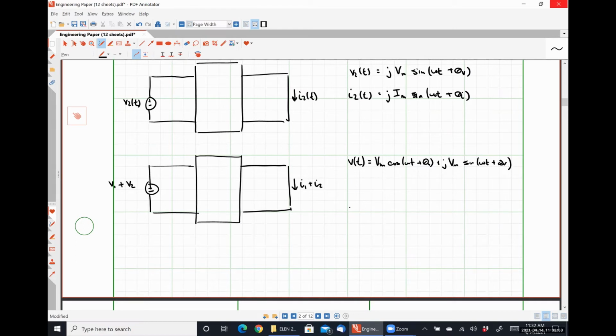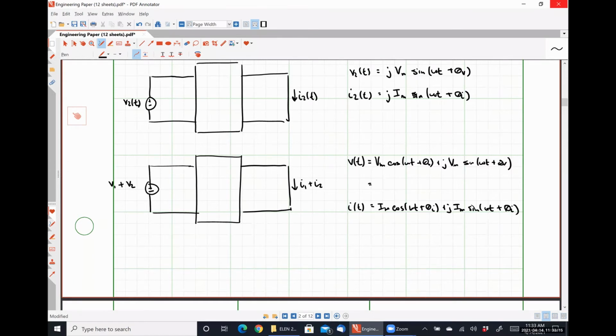And my total current is Im cosine(omega t plus theta I) plus j Im sine(omega t plus theta I).